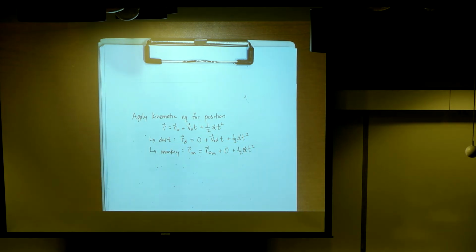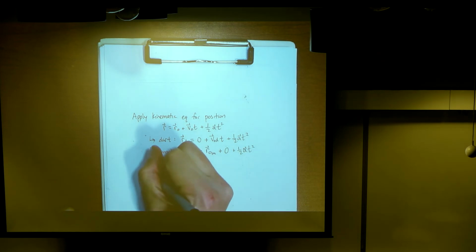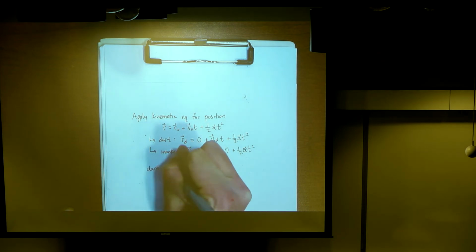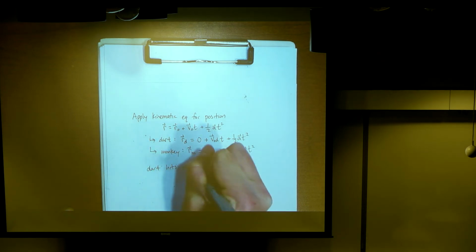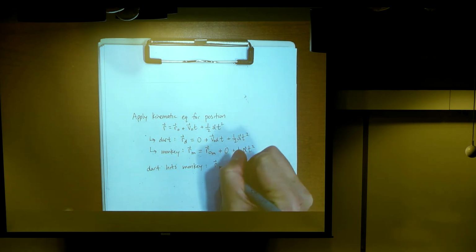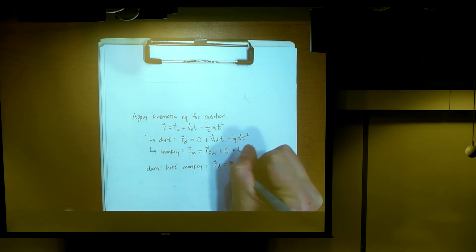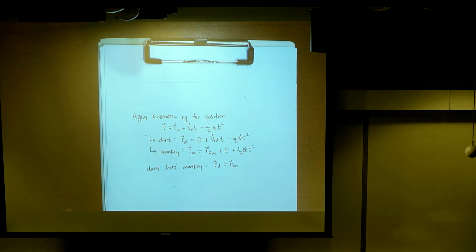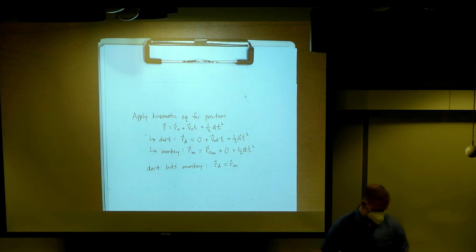Okay? Now, if I want to say the dart hits the monkey, then that means I'm setting the position of the dart equal to the position of the monkey. At some moment in time, their positions are equal. So just set this guy equal to that guy.